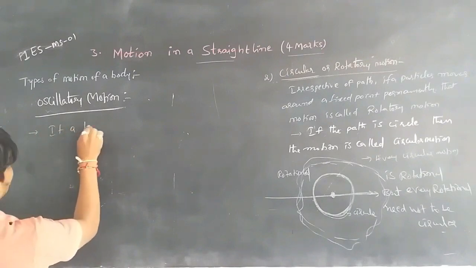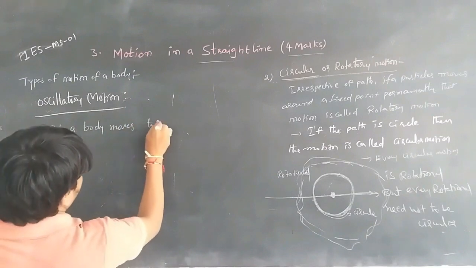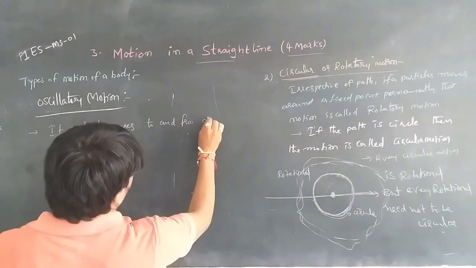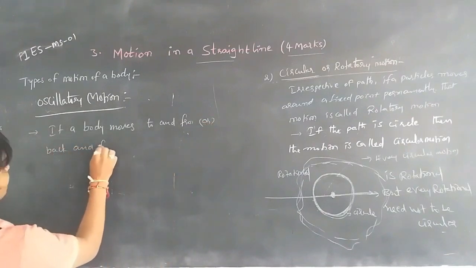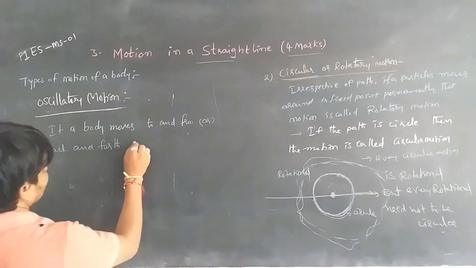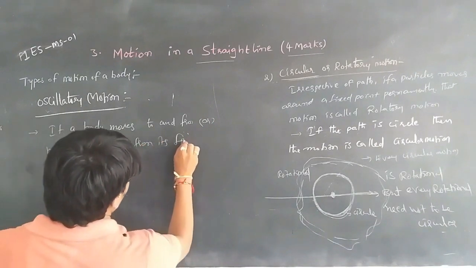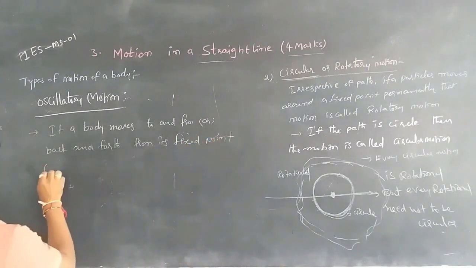If a body moves to and fro or back and forth from its fixed point, that fixed point is called its mean position.